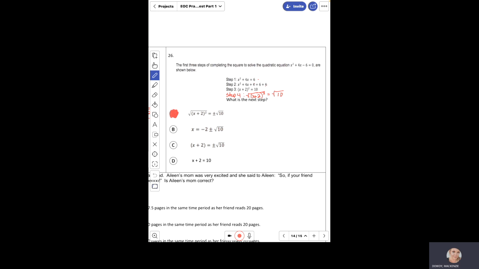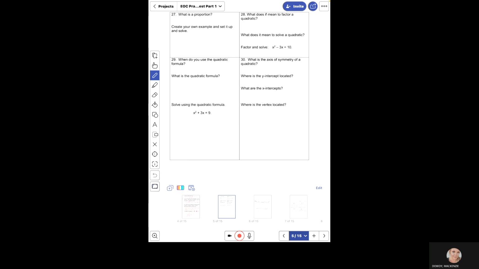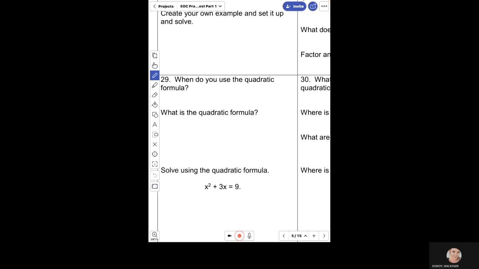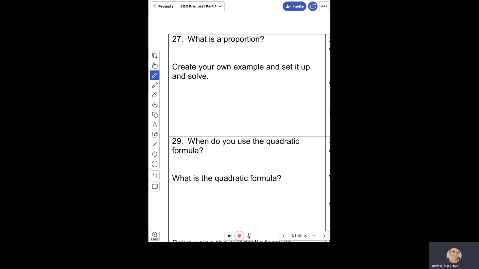Number 27, we're almost at the end. Number 27, what is a proportion?